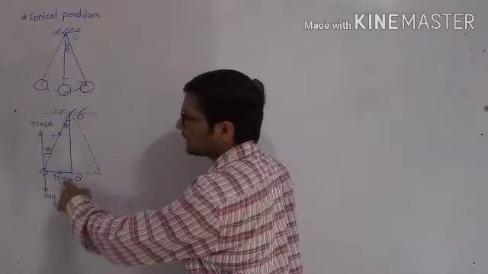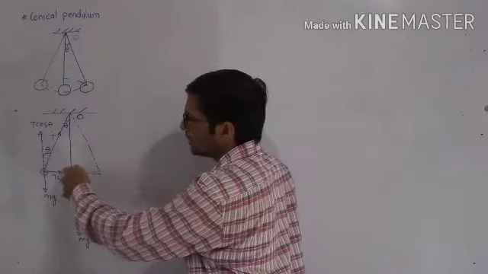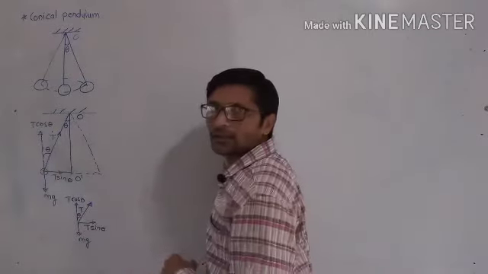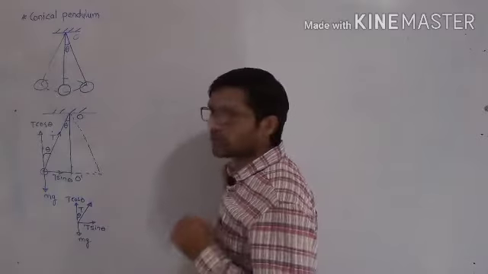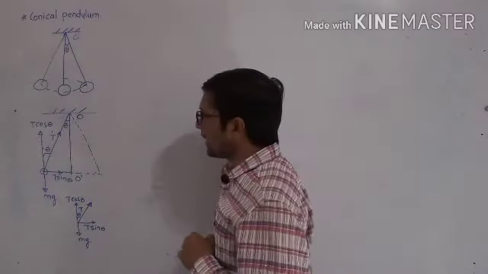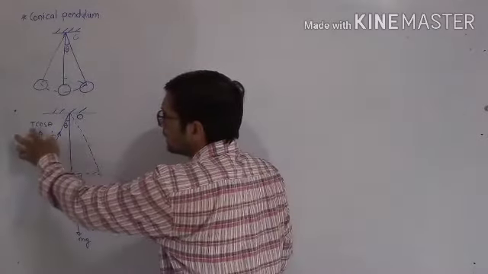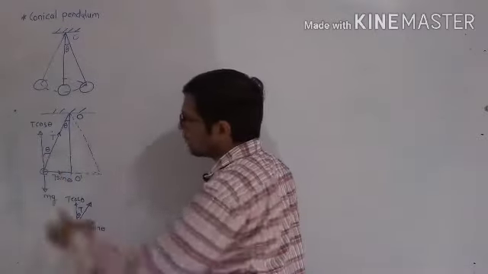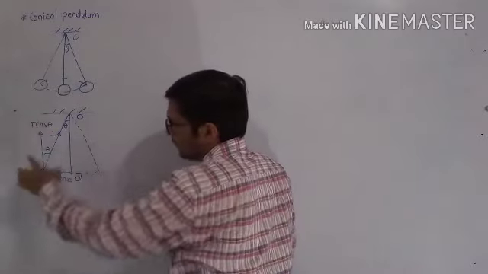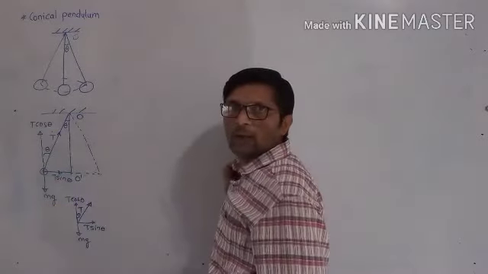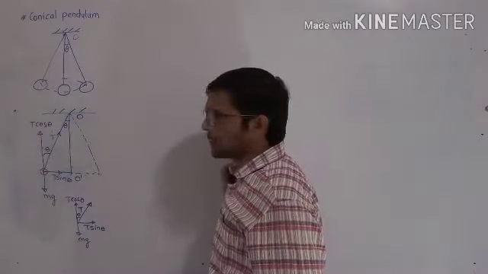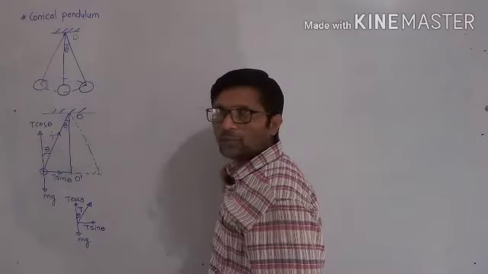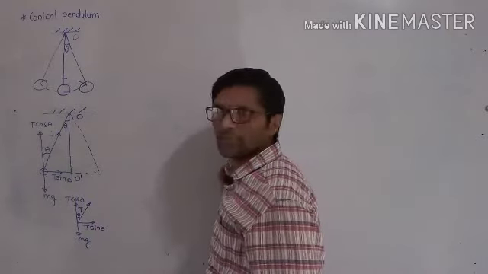And what about this T cos theta? This T cos theta is vertically up and mg is vertically down, so this T cos theta balances the weight of the spherical bob, that is mg.